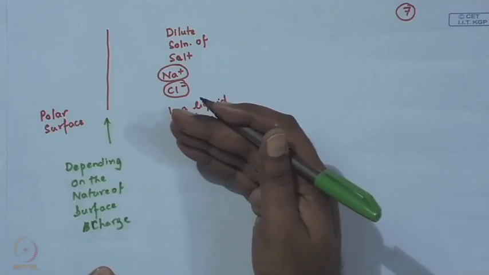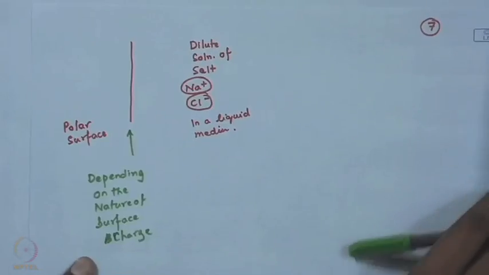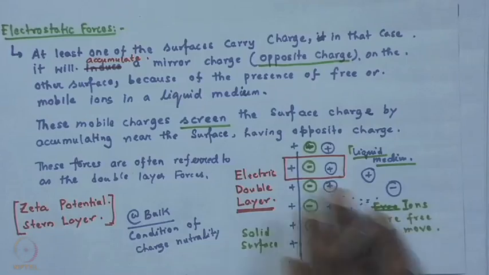If it is a negatively charged surface, the sodium ions will accumulate towards the surface. And it results in the formation of an electric double layer.